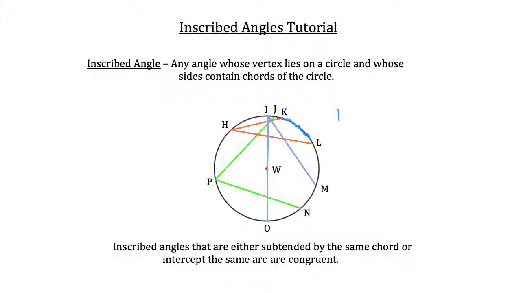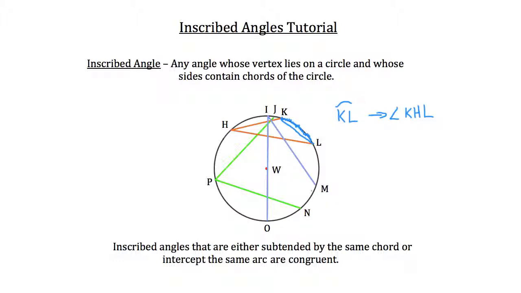So arc KL subtends angle KHL. Now, if we had a chord drawn from K to L right here, then that chord KL would subtend angle KHL.